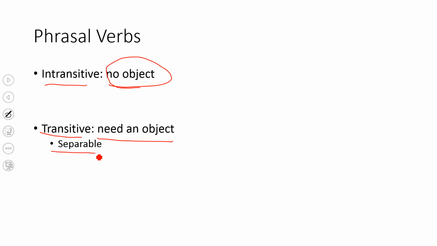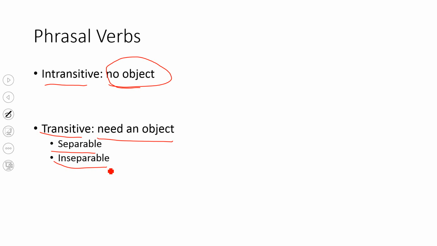If it's a pronoun, it must go between the verb and the preposition. And there are inseparable ones, where the object comes after the preposition. And that's with all of the 3-word phrasal verbs and some of the 2-word ones.